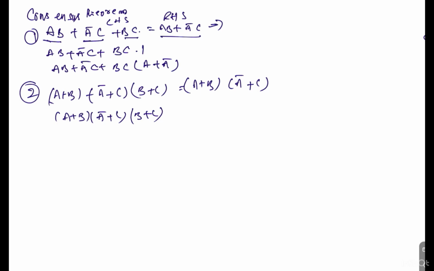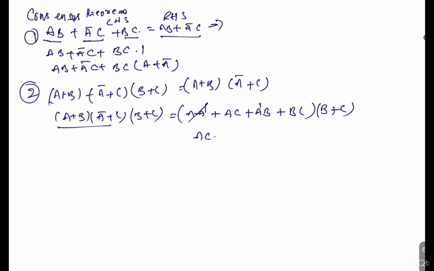It can be written as, if we take these two terms, A dot A bar plus AC plus A bar B plus BC. This has to be again a dot operation with B plus C. A dot A bar will become 0.